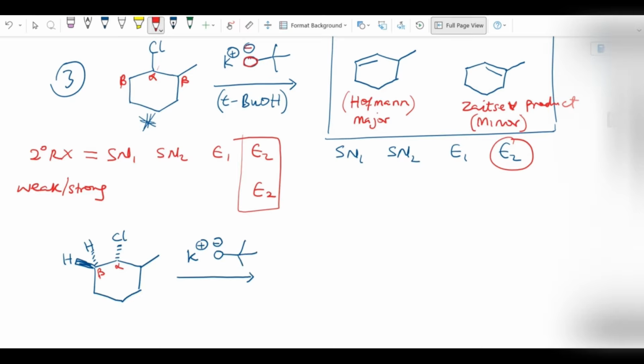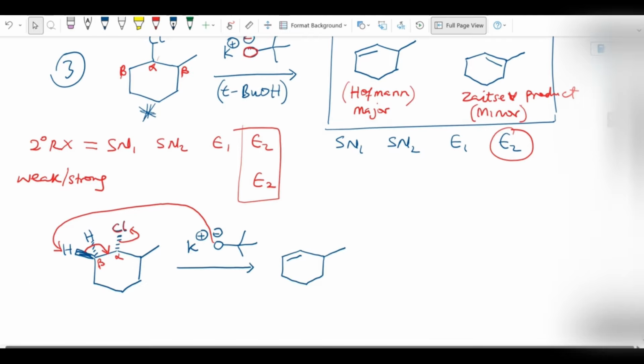So in terms of mechanism, because the Cl is on the dash bond, the base will abstract the proton that is on the opposite stereochemistry. That proton is the one that is anti-periplanar to the leaving group. When it does that, the bond between the proton and the beta carbon will break, and a double bond will be formed between the beta and alpha carbon, and then the leaving group will be kicked out. And so this explains how we form the Hofmann product, which is the major product.